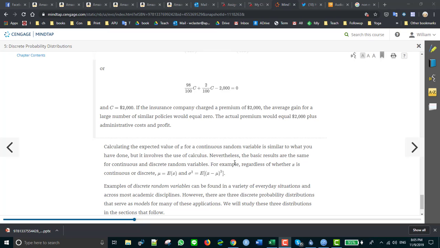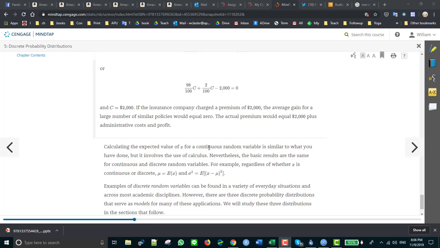For the mean and the standard deviation for continuous random variables we'll still use the same kind of symbol here, and this will still be true. Sigma squared will still be the expected value of this. We didn't go into this part here, but it will still be similar.